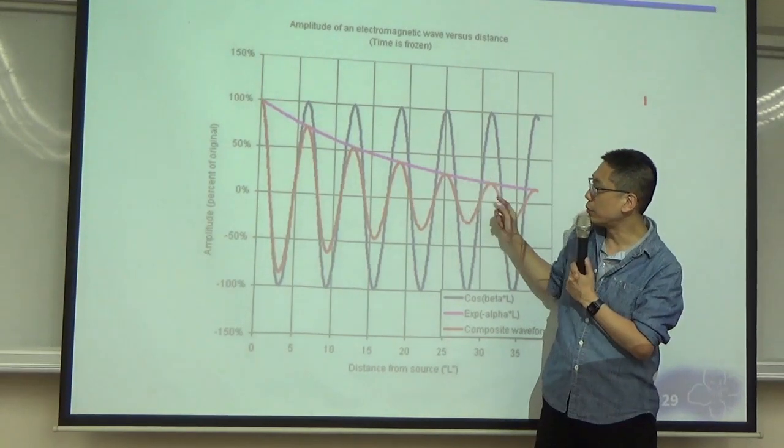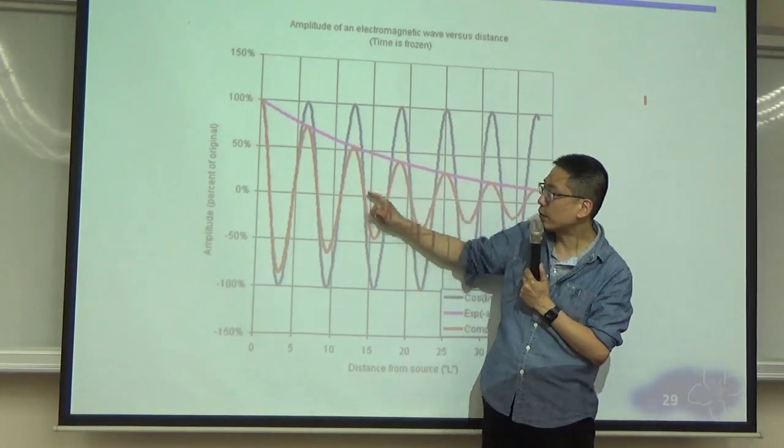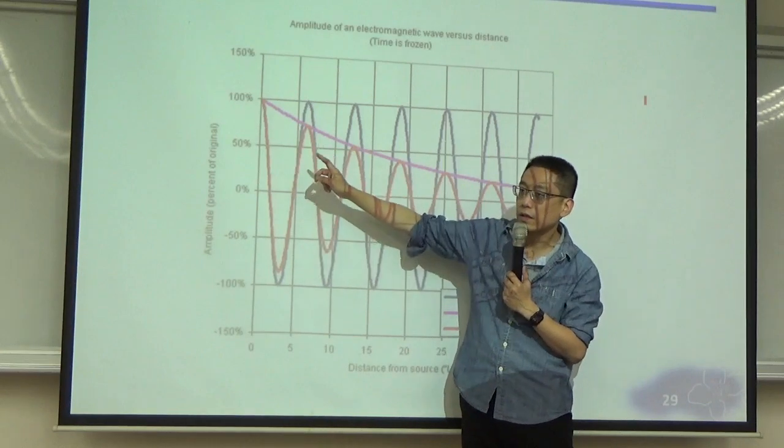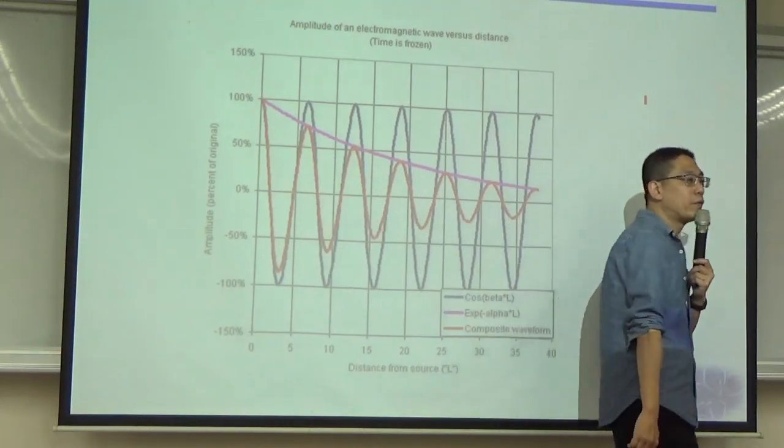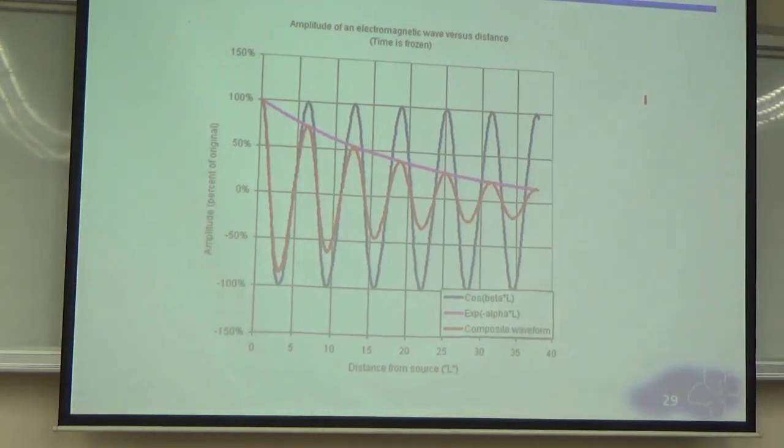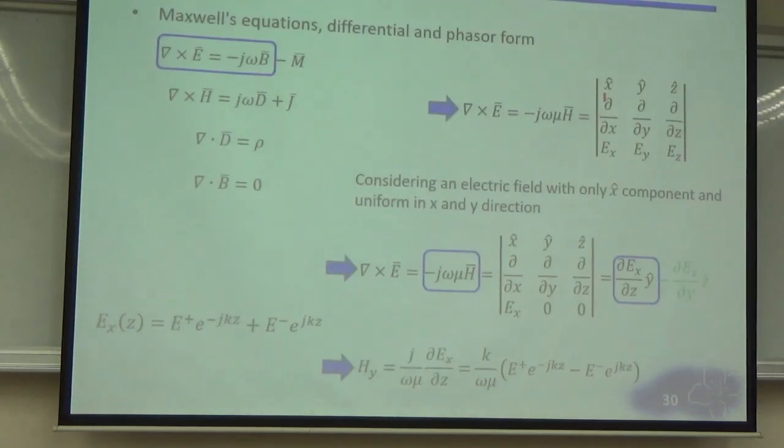So the red one is the real lossy microwave E-field. Actually, we have only talked about the E-field so far, right? So we apply a very similar thing to the lossy case.